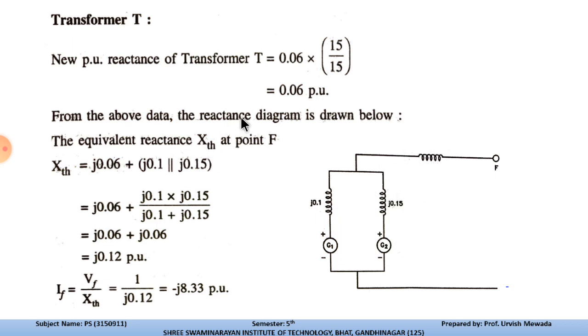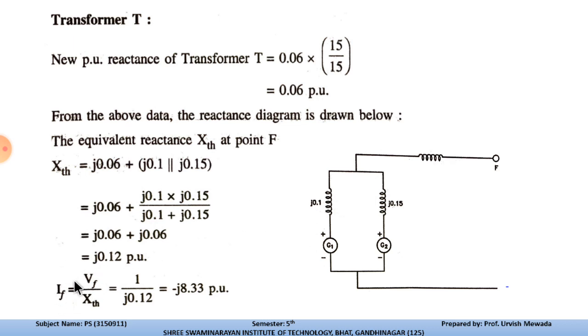This is the point where we are considering the effect of the fault. XTH, the Thevenin's equivalent reactance at point F, is J0.06 in series with these two parallel reactances, J0.1 in parallel with J0.15.